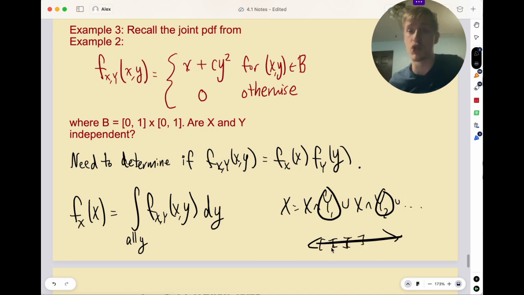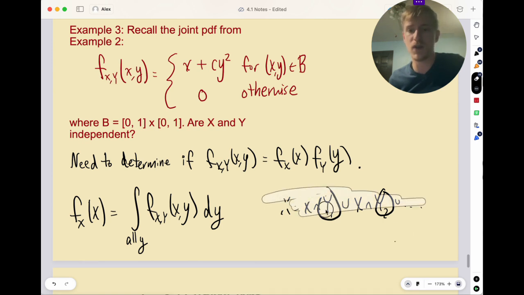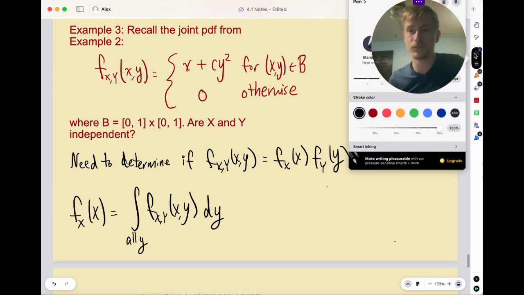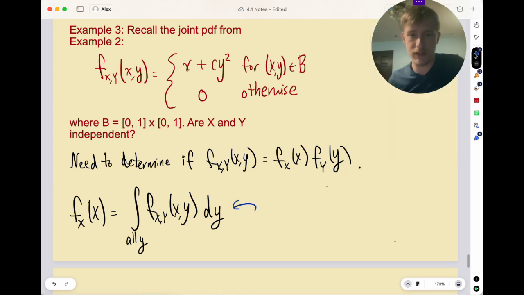You can take any region of the real number line and separate it into countable intervals, and sum over all of them, and all you're going to be left with is the event x. This works very similarly in the discrete case, although I'm not going to show it. This is called a marginal distribution.